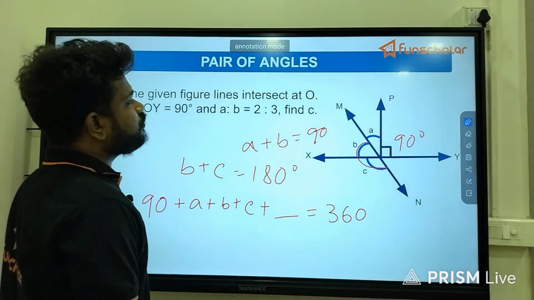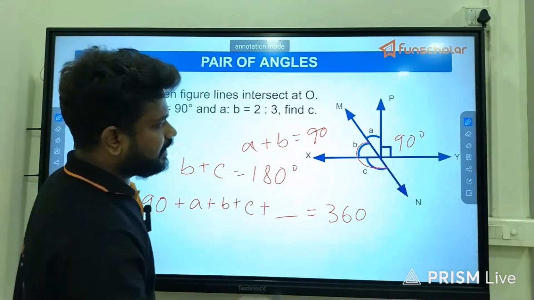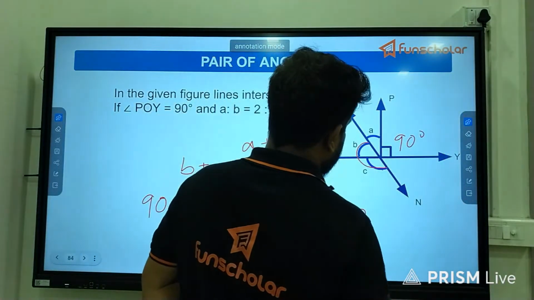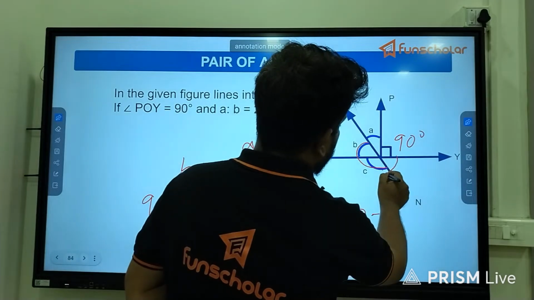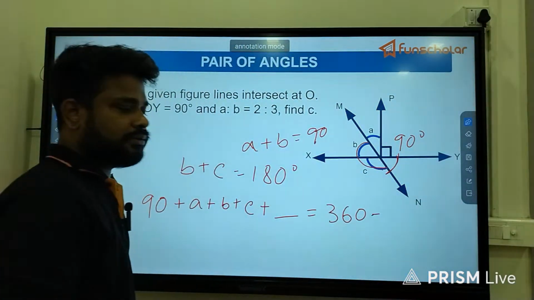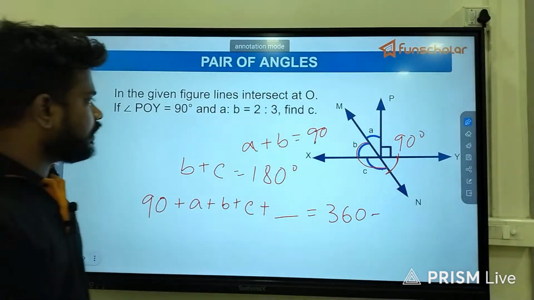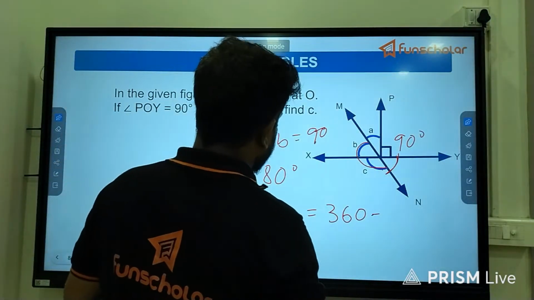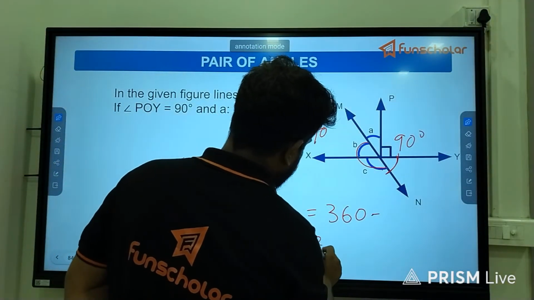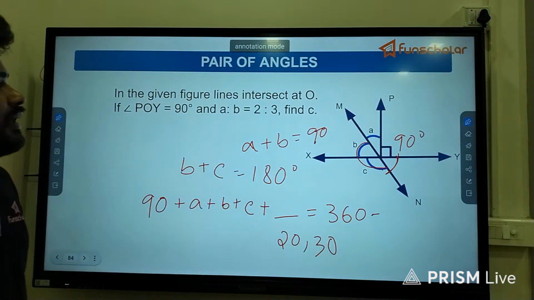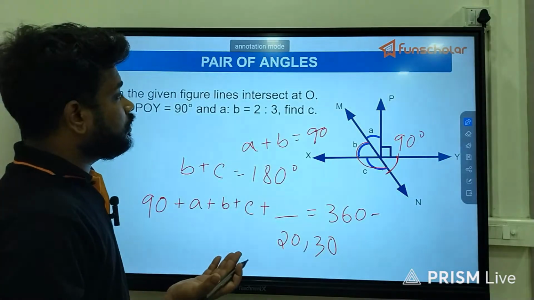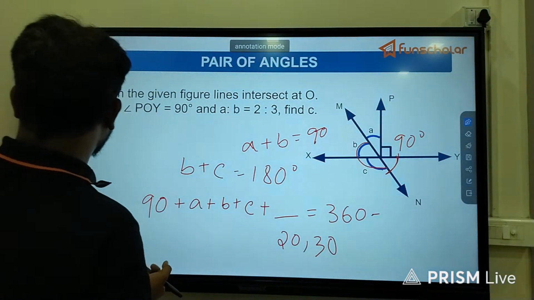A is to B equals 2 is to 3 is given. So 2 is to 3 will be 20 is to 30. Let's verify this. Oh no, 2 is to 3 will be 60 is to 30.